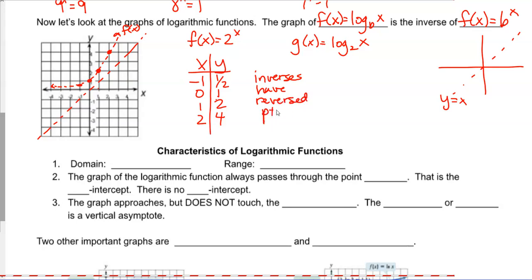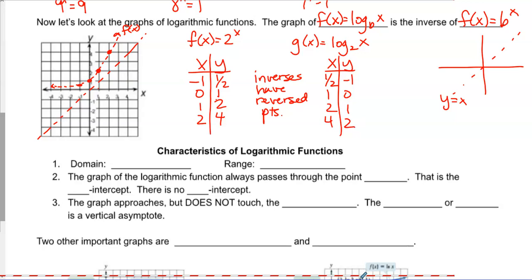And what do I mean by that? Remember when we talked about inverse functions that the domain of f is the range of the inverse and that the range of f is the domain of the inverse. So when I have points, it's very nice that I can reverse those points to get the points on my logarithm function, okay?